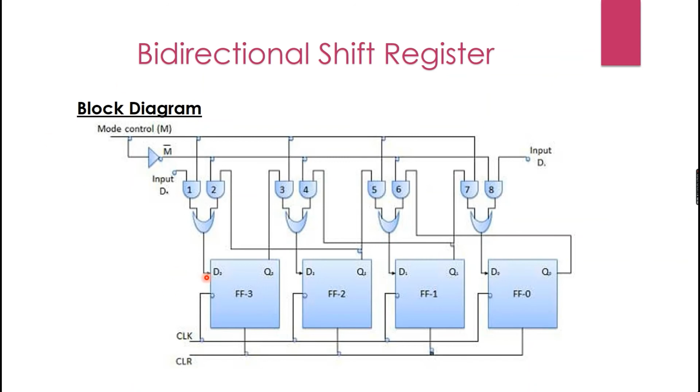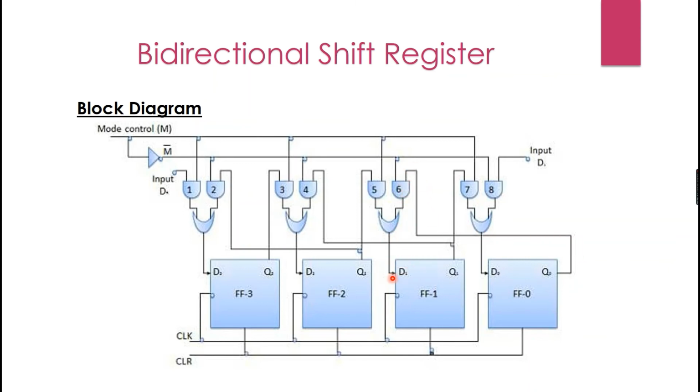And for left shift, we change our mode control to 0 and give input D left, and when we start shifting to the left, we will get our value D0 as DL, and this Q0 value will now be set for D1.